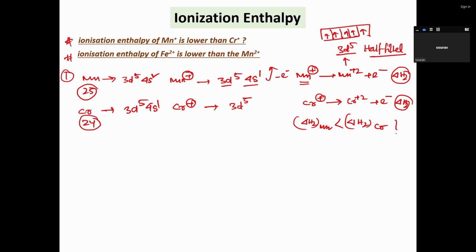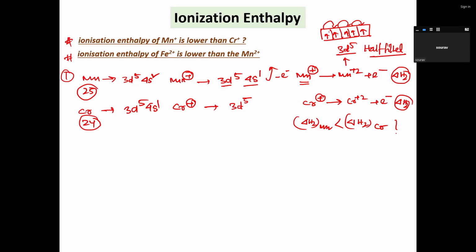Here we can see there are five unpaired electrons with the same parallel spin, present in the 3d orbitals, which are degenerate. So these electrons can easily exchange their positions with each other, and the exchange energy is very high for that case.